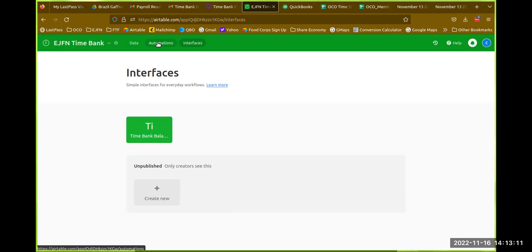They're only backend facing. The EJFN Airtable has a pro plan, but Airtable charges by the user, so we are going to try to minimize that by only using one login for our pro feature things.